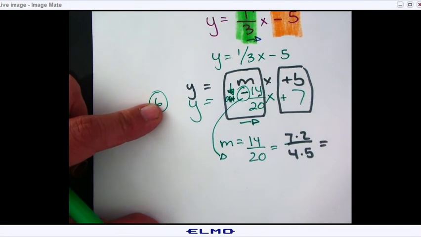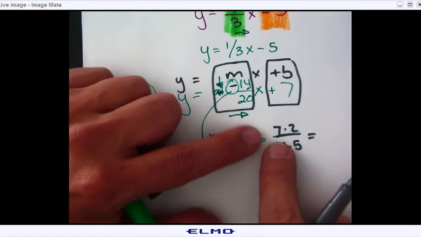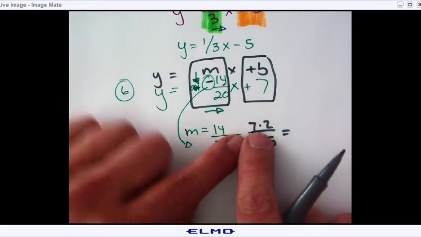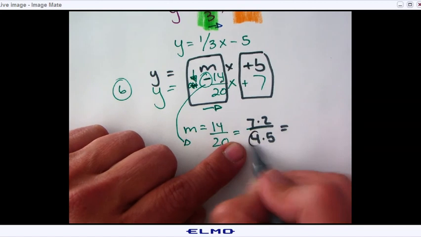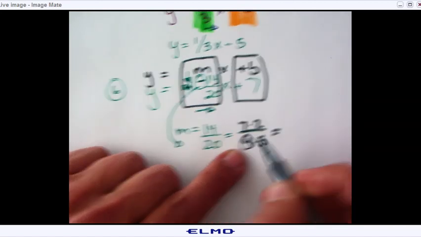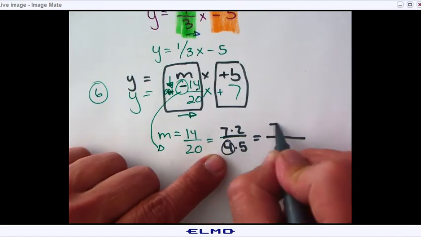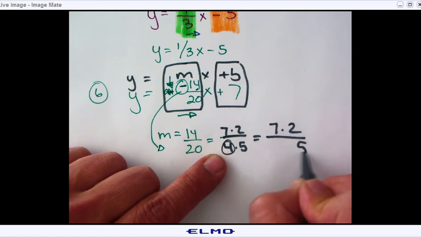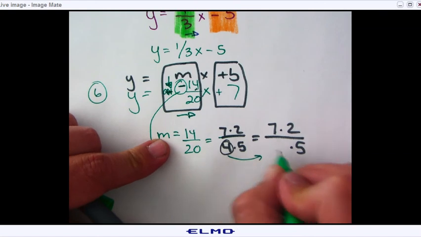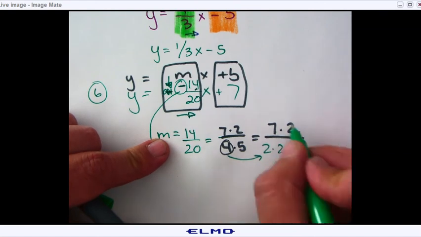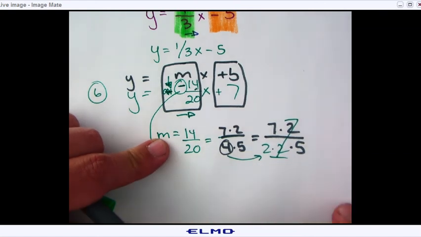Well, can you break up these products, these numbers right here? Yeah, I could break down the 4. That's going to be 2 times 2. So let's write everything down. 7 times 2, 5. And don't forget, the 4 is now 2 times 2. So now there's your giant 1.